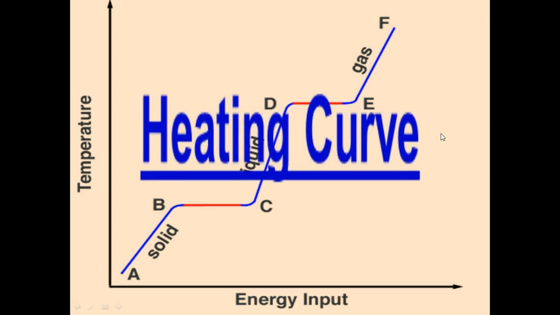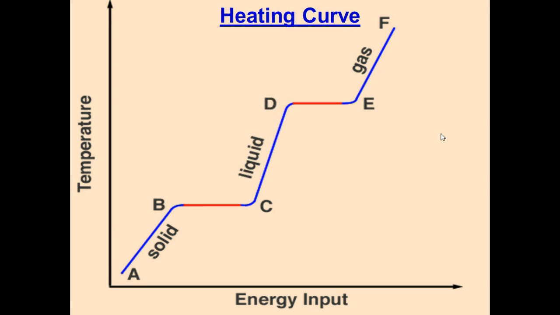And so here we have a heating curve, and so pretty much if we start out with a solid, we would show this chart, and so temperature is the kinetic energy of the particles, and then energy input is how much energy we put in. So we start here as a solid and work our way up to gas. And these slanted regions represent the three states of matter. Solid is all the way at the bottom because it's the lowest temperature.